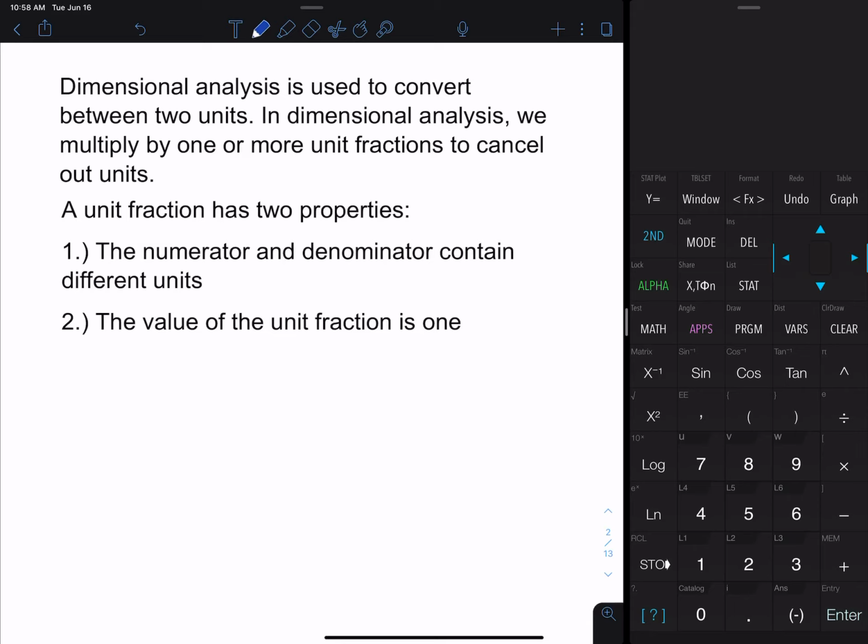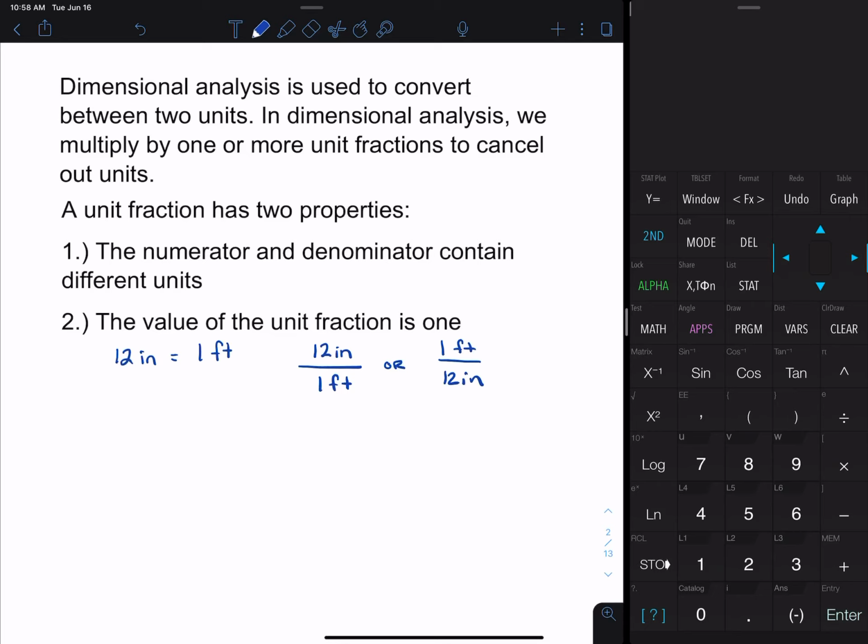So if we think about that example we just saw, they told us that there's 12 inches in 1 foot. So there are two different unit fractions we could write from this information. We could write 12 inches over 1 foot, or we could write 1 foot over 12 inches, right?